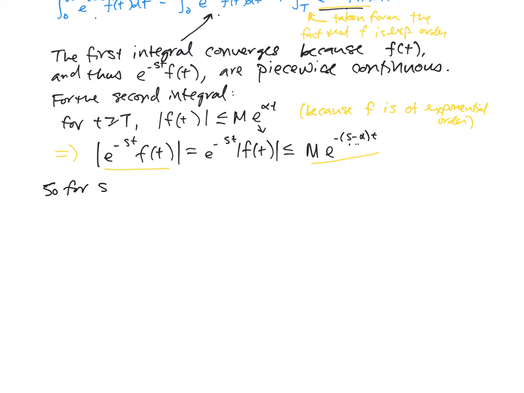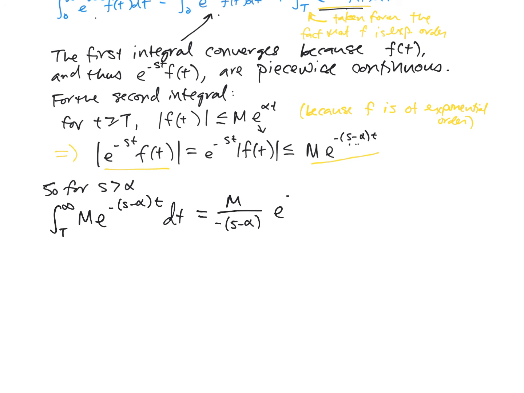Let's see. So for s bigger than alpha, let's take the integral from big T to infinity of m e to the negative s minus alpha t dt. We can do a u substitution here, and we get that this equals m over negative s minus alpha. Remember, s and alpha are fixed values.